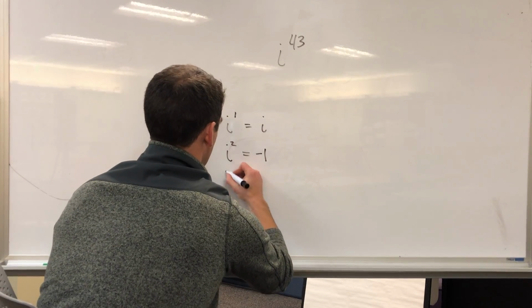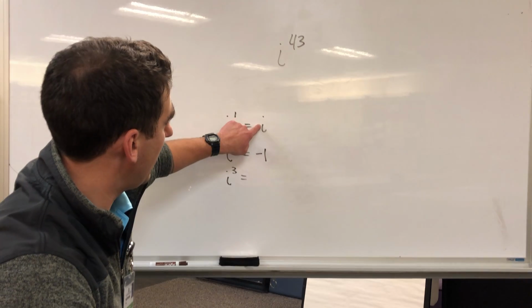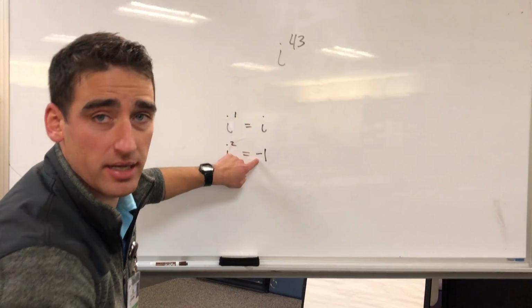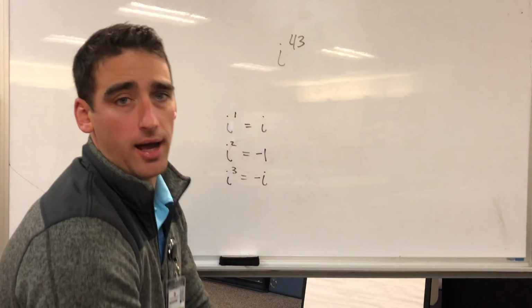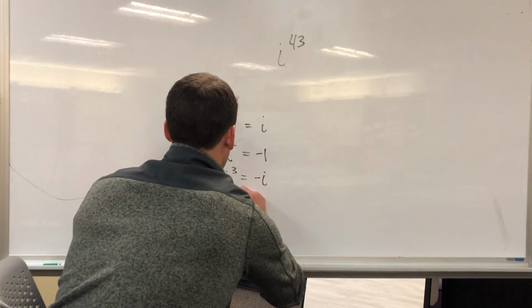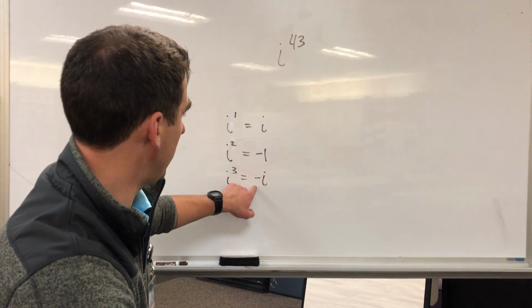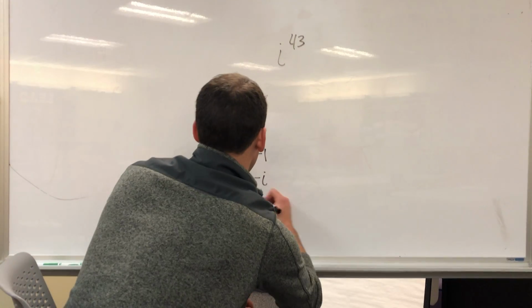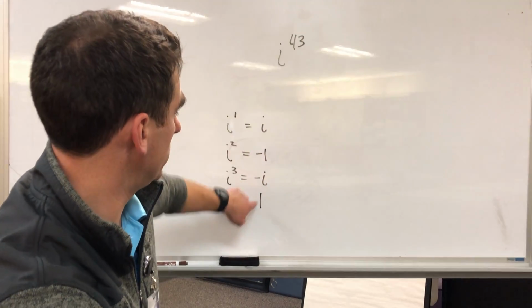Now, i to the third would be i to the first and then i to the second, so i times negative 1 would just make negative i, and then i to the fourth would be like negative i times i. Or it'd be like doing i squared times i squared, so you just get 1.